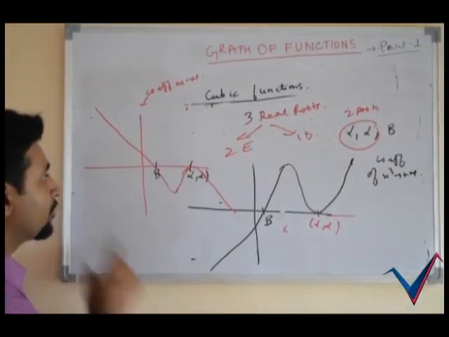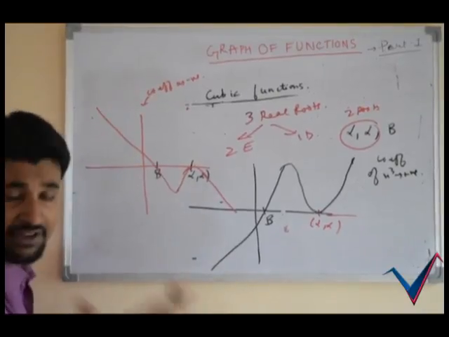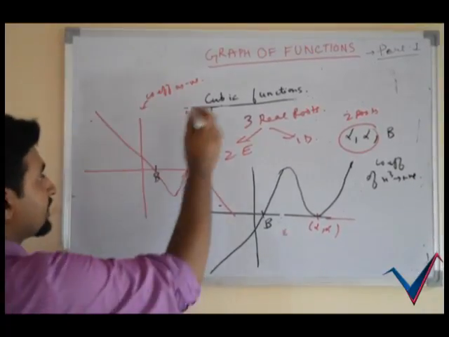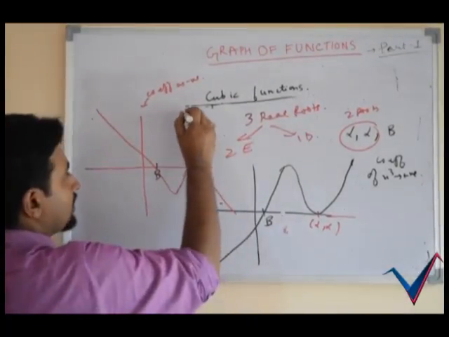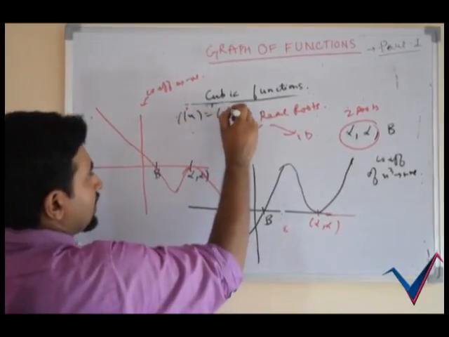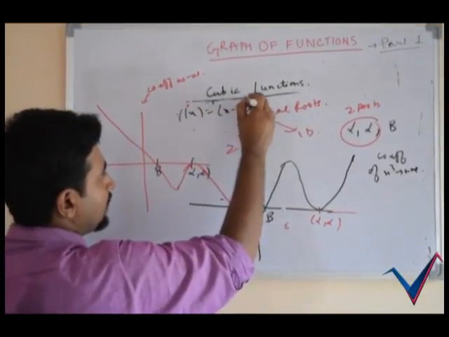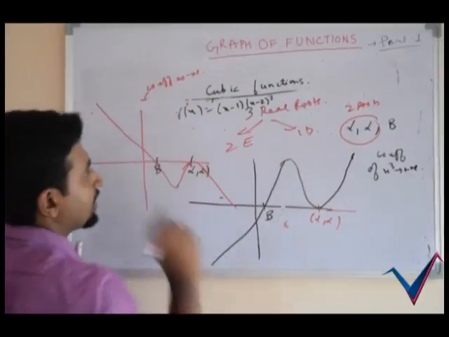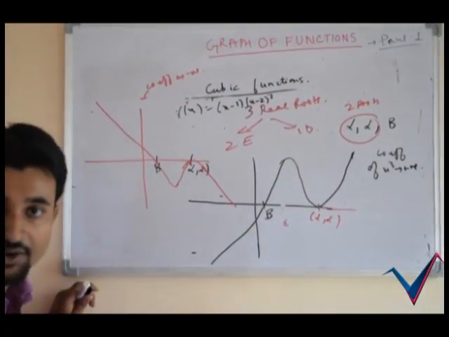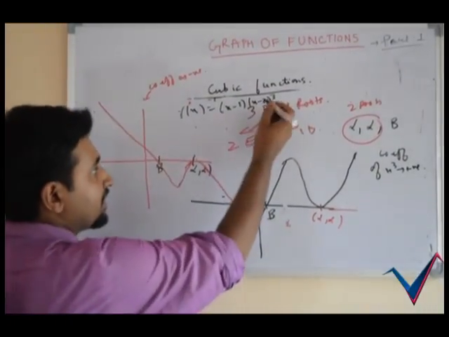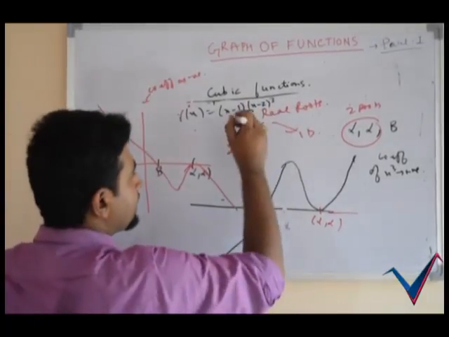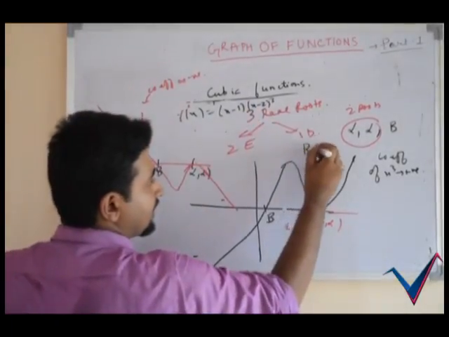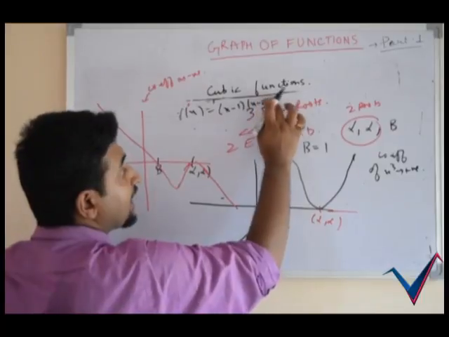For example, suppose you take the function of x as x minus 1 into x minus 2 square.